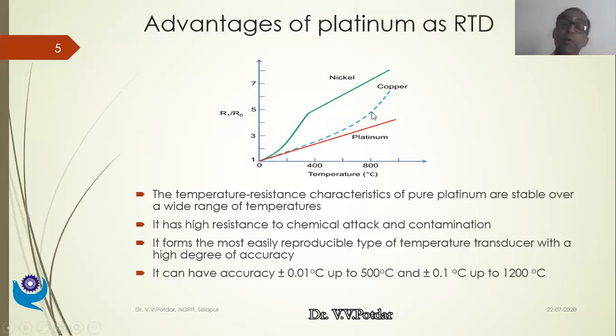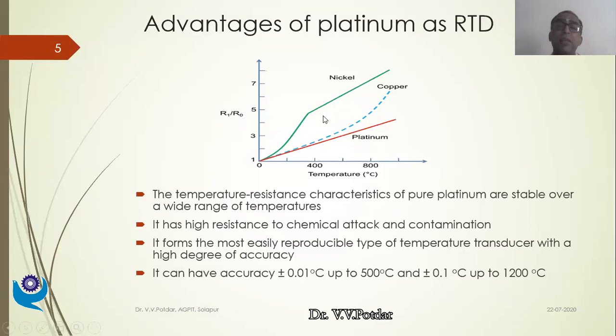It's not a proportionate resistance change corresponding to temperature change. So beyond 450, 500, copper tends to become non-linear. Copper as an RTD material tends to show non-linear properties. So if you're going to use this RTD for a range from 0 to 400, fine, you can go in for copper as a material.